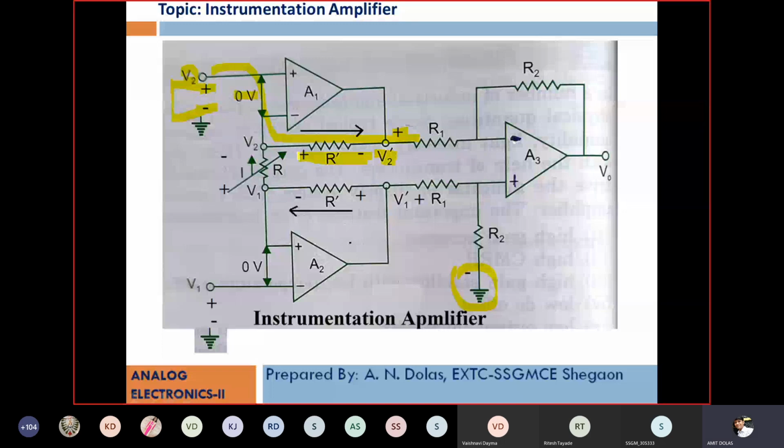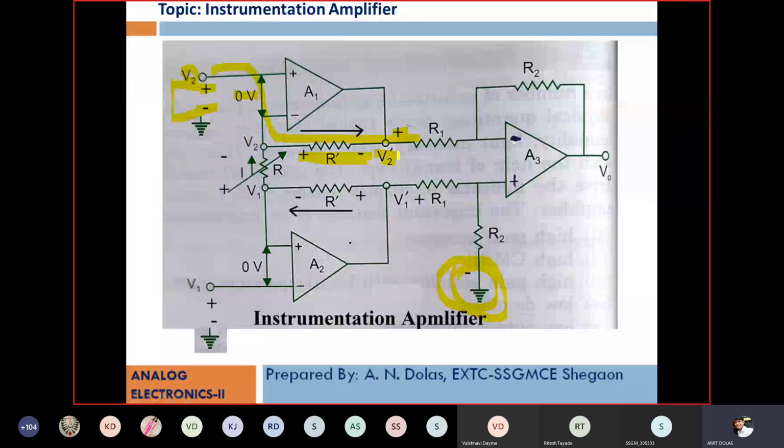Now here you can see minus plus. If I say V2, then coming here plus 0, then there is plus minus, so it will be minus I into R dash, and again plus and minus with respect to ground is nothing but minus, that will be minus V2 dash.